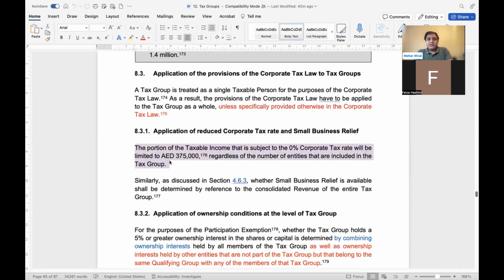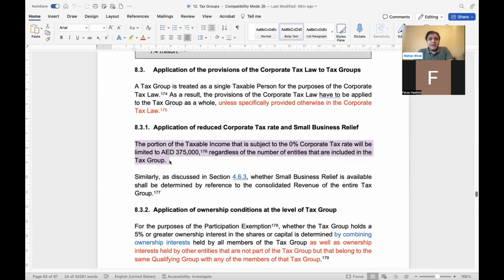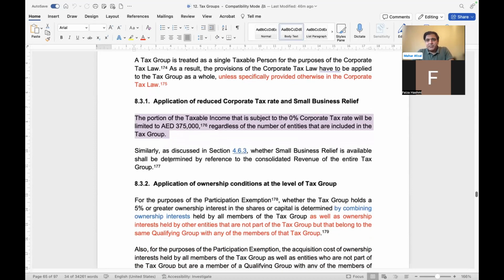But there is some sort of nominal loss to the group members, because if there are company A and company B, each would individually claim the exemption up to 375,000, saving some amount. Once they consolidate, this exemption will be applicable one time only. So this will be some sort of nominal loss from entering into the group. But the 375,000 exemption will be applicable at the group level.